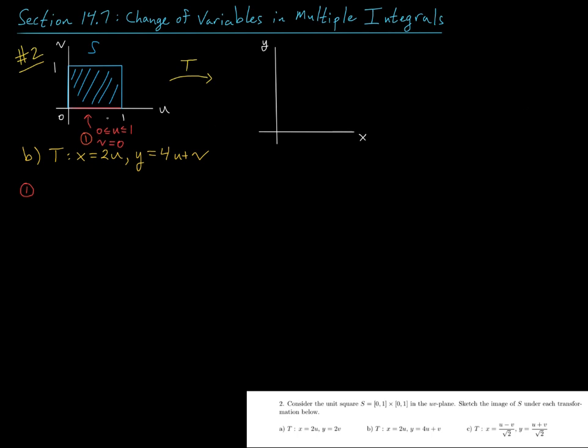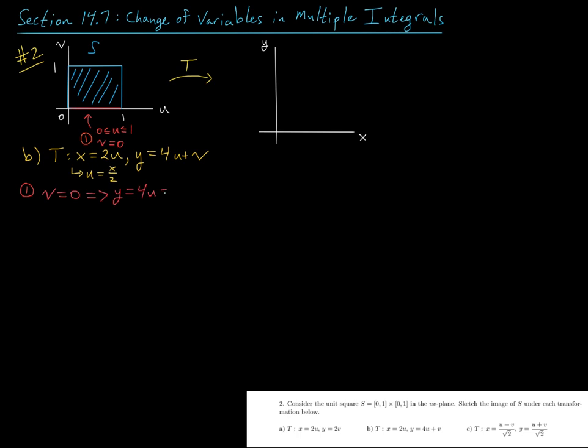And here, for this bottom edge in red, u varies from 0 to 1 and v is 0. So the fact that v is 0 will imply that y is equal to 4u. Notice v only shows up in the expression for y, but we also know that x being 2u implies that u is half x.